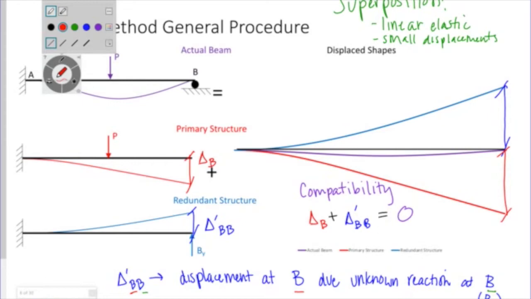So when you add them together, you get 0. So if I add these two curves together, I get my actual displaced shape in my actual beam. And I can use that to solve for my unknown reaction at B, and then use that to solve for my other unknown reactions.